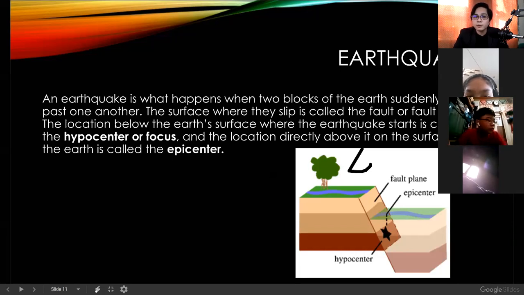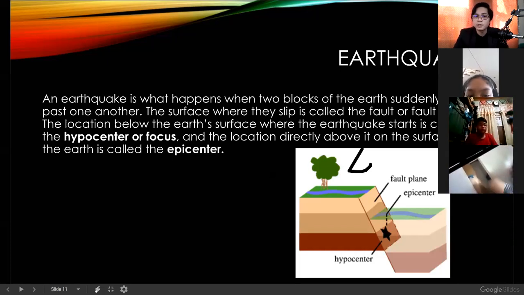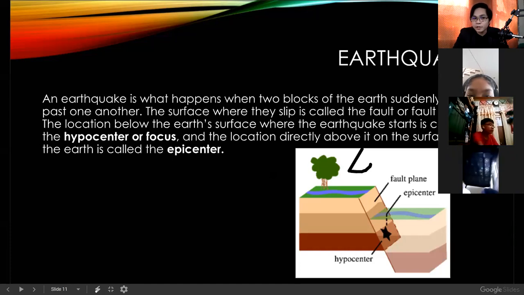The location below the earth's surface where the earthquake starts is called the hypocenter or focus. Hypo means below. And the location directly above on the surface where you can feel the earthquake is called the epicenter.